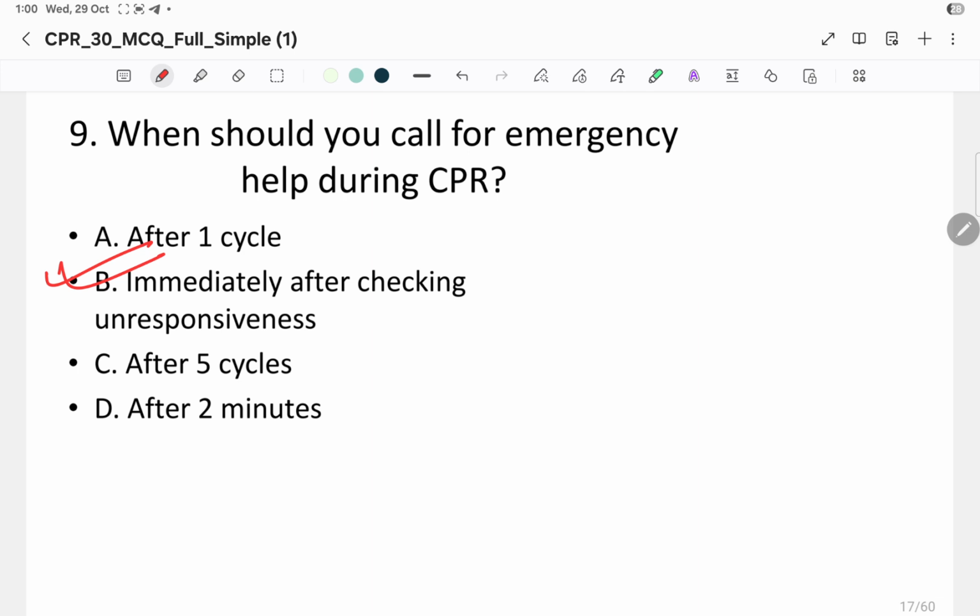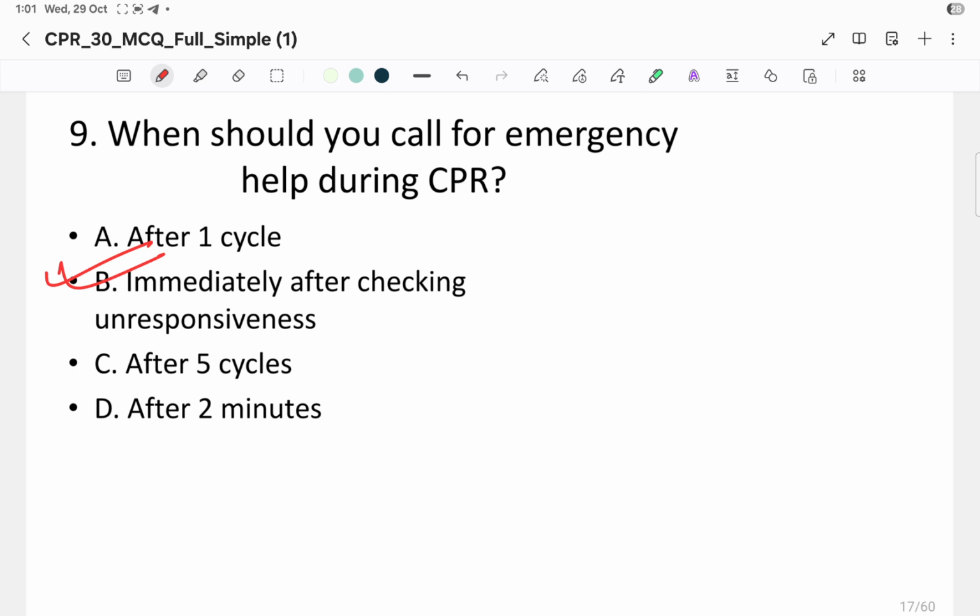I have mentioned in the previous slide the 5 steps of BLS. The first step is verify scene safety, second is check responsiveness, and after checking responsiveness we have to activate emergency medical services, and after activating emergency medical services we have to check for pulse and respiration simultaneously within 10 seconds, and then we have to begin high quality CPR.